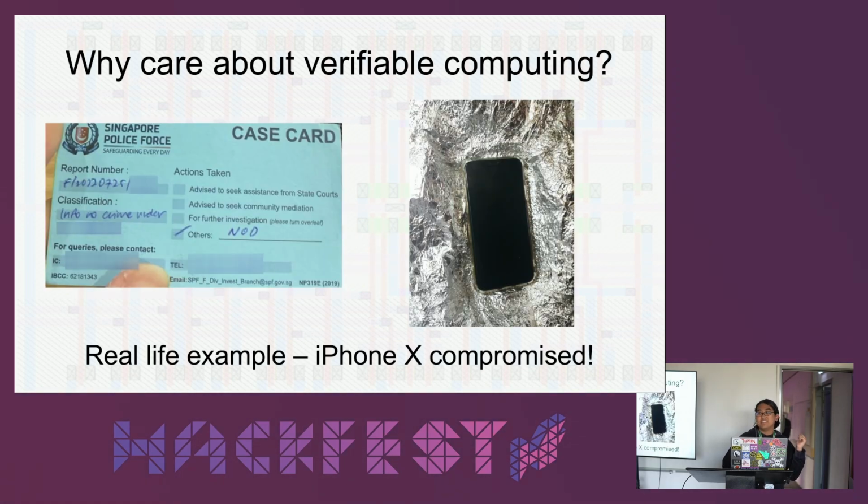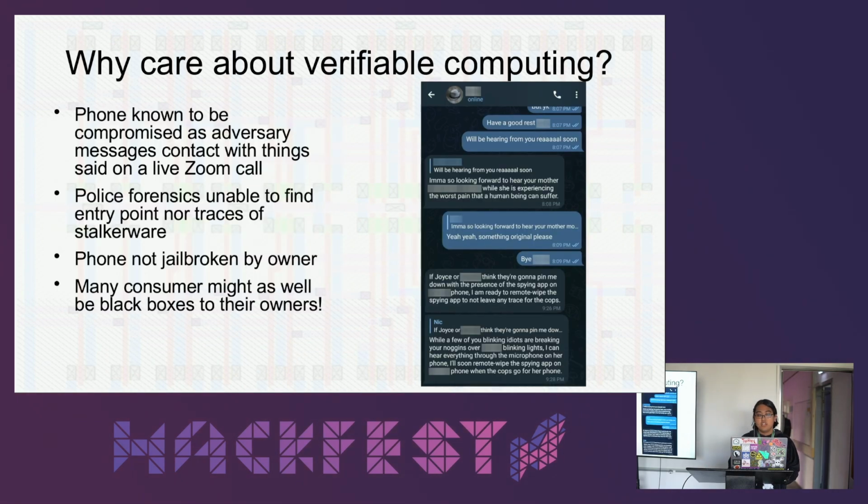So there's this case I've worked on where an iPhone 10 got compromised. The adversary was able to hear and know what was going on in a Zoom call that was happening live, and they could message us live what we were saying on the Zoom call. And when the phone was taken by the police and they did forensics, they could not find the entry point.